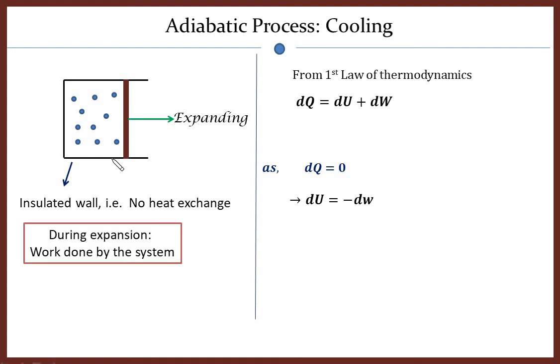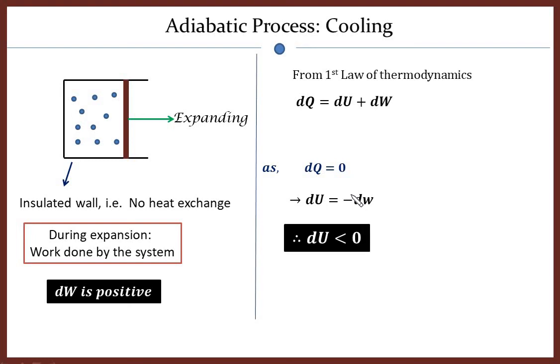Here, the gas is pushing the piston towards the right. Therefore, work is done by the system, and work done by the system is positive. If you look at this equation, dw is positive and it already contains a negative sign, which means du is less than 0.